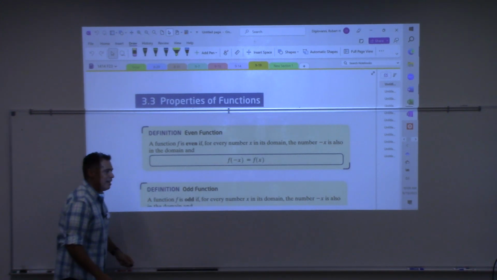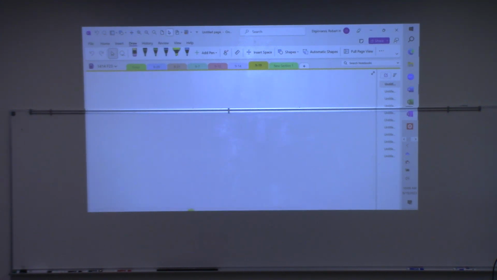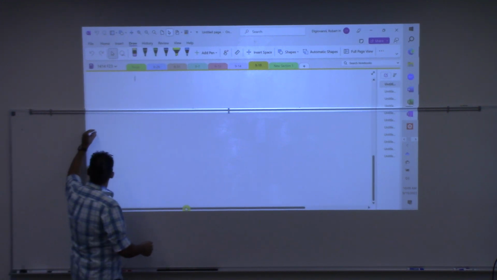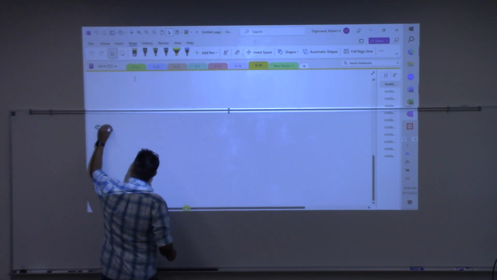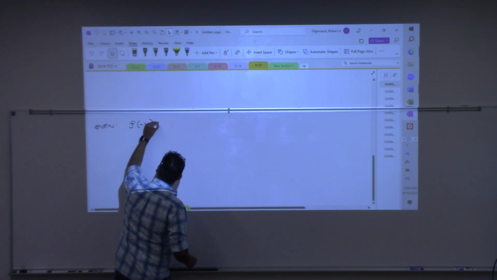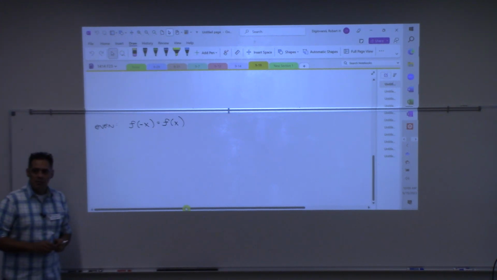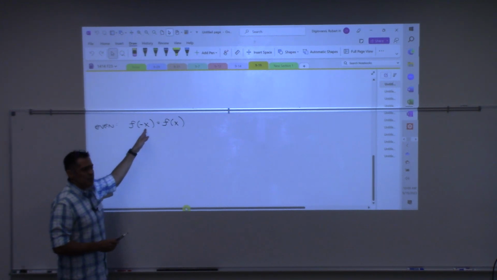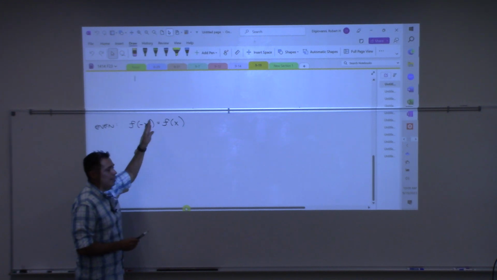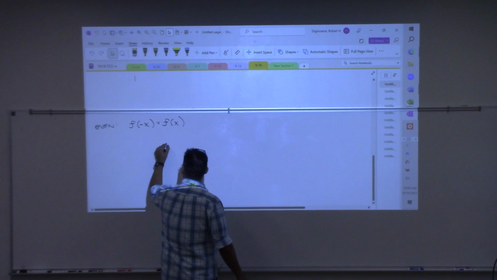So let me try and explain this to you visually, what it means to be even. So to be even means that when you plug in negative x into the function, it's the same as plugging in positive x. Right? If I plug a negative value into the function, I get the exact same thing as when I plug in a positive value. Let's see if we can't visualize that.